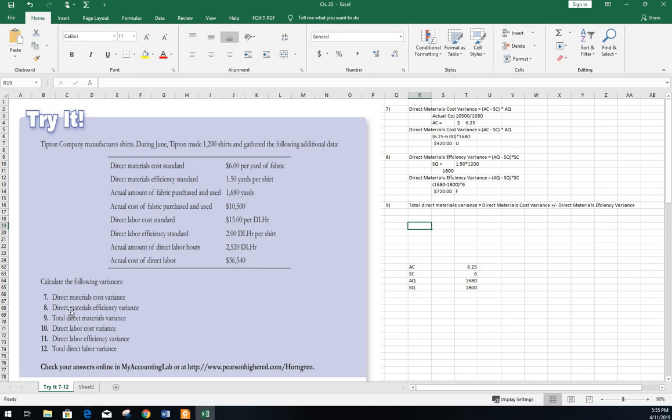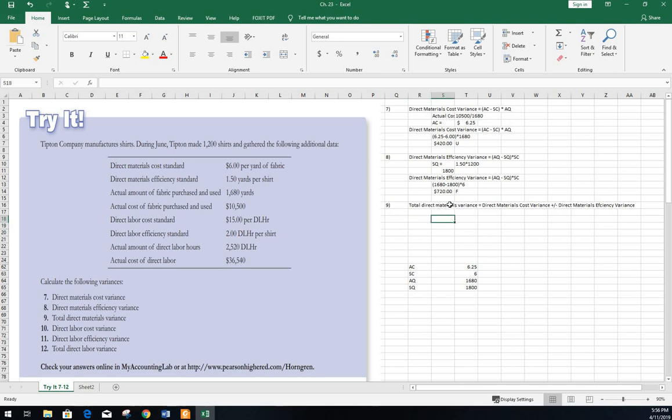Okay, now, as we did in class, we have to sum these two numbers, and since one is favorable and one is unfavorable, we take the favorable amount, which is larger, minus the unfavorable amount, and then we get the total direct material variance.